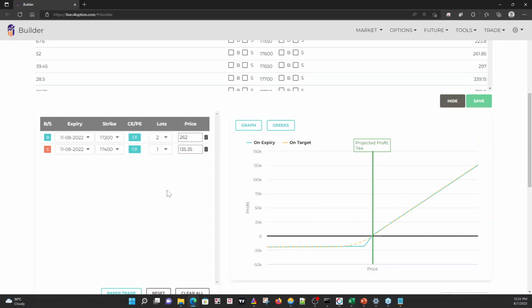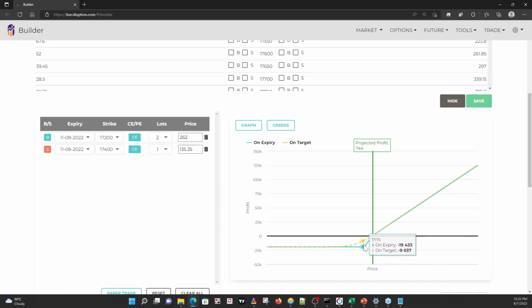This is how the payoff would look. The profits would be almost equal to the futures. Actually, it is not equal, it is a little lesser.